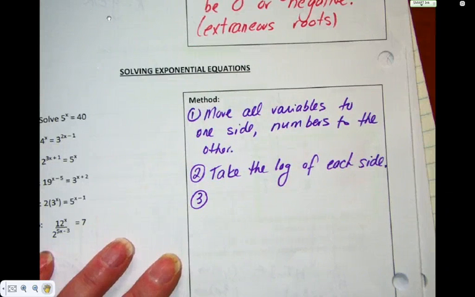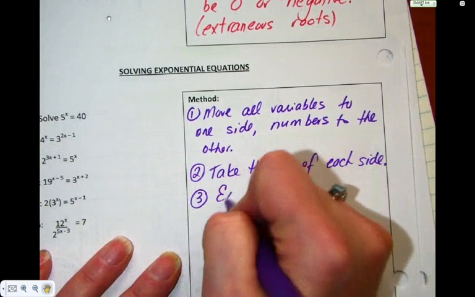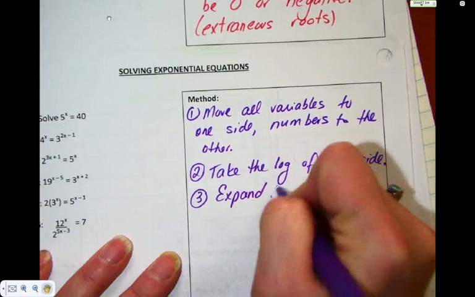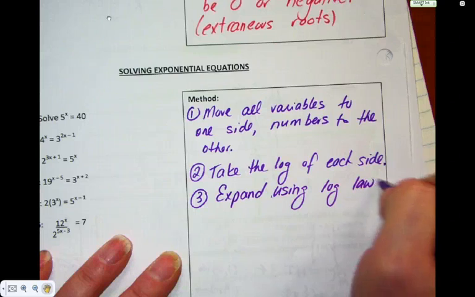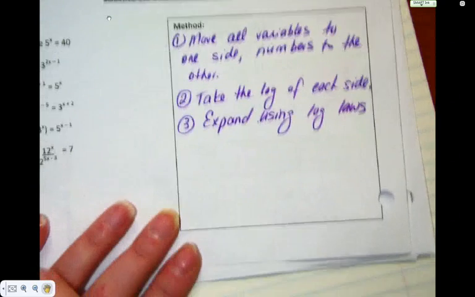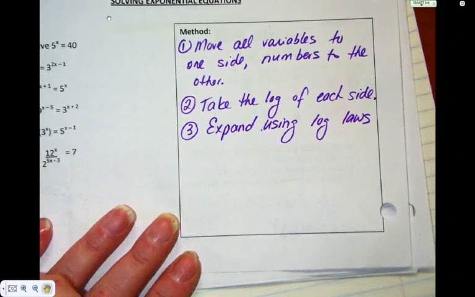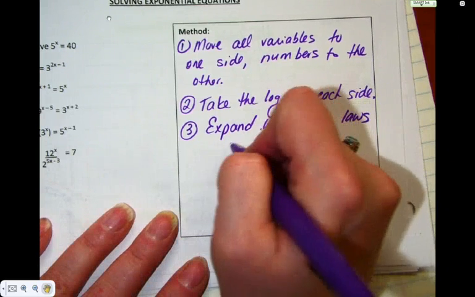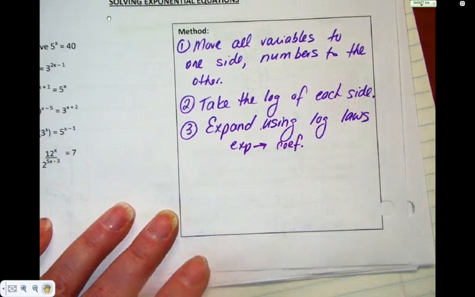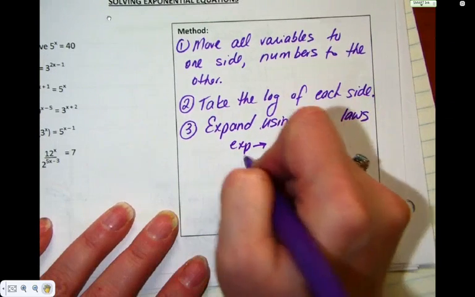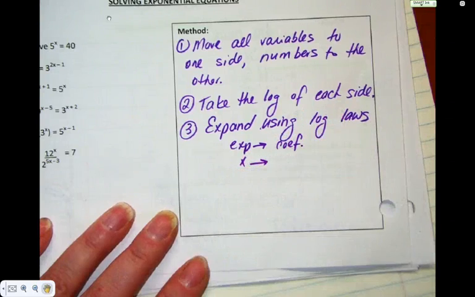Step 3, expand using log laws. That means exponents become coefficients. Multiplying becomes addition.